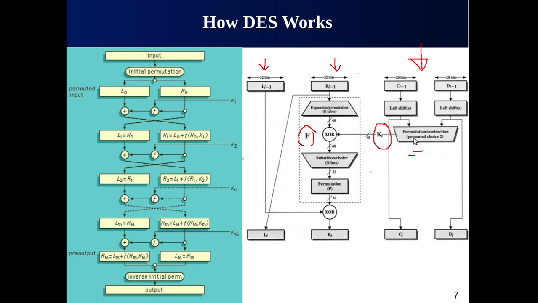The permutation function is the same for each round, but a different subkey is produced because of the repeated shifts. This is important for security purposes, that we get a different key for each and every round, although the permutation function is the same. But due to this shift operation, we get a unique key for each round.